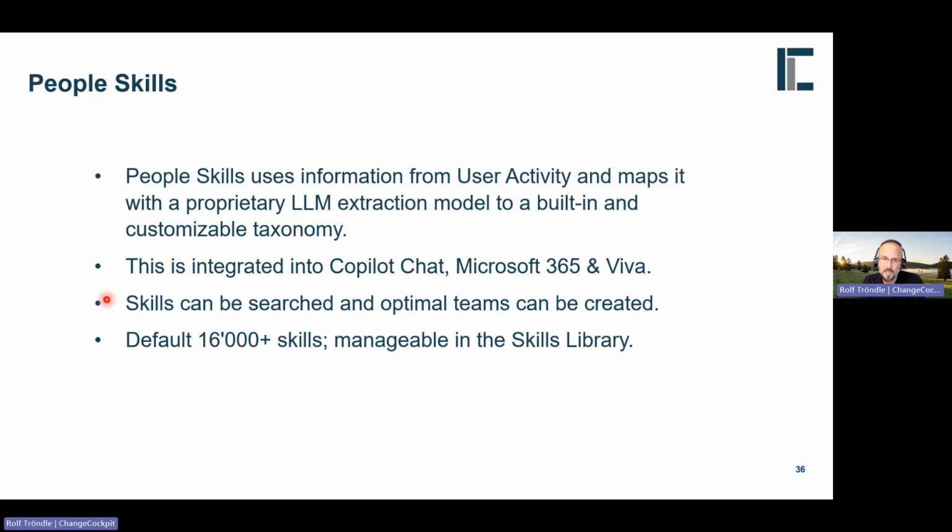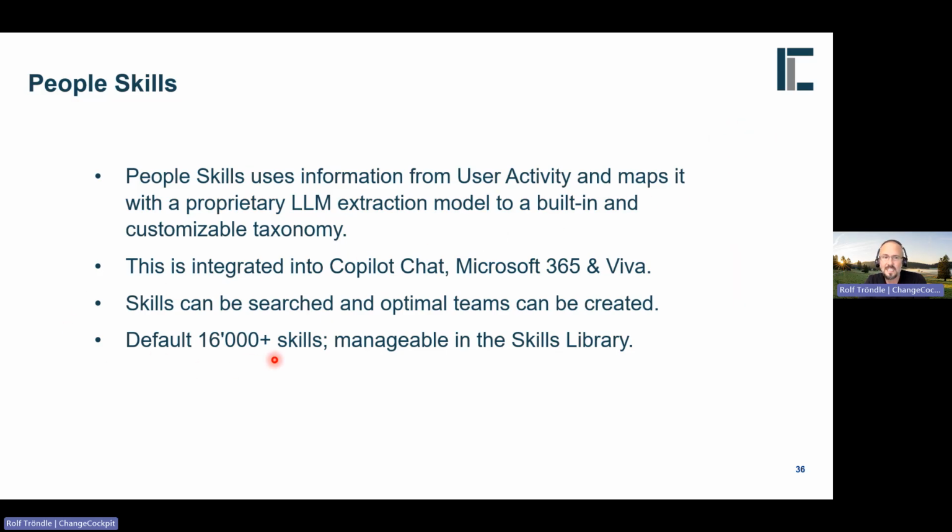It will then be integrated in Copilot chat as the agent, Microsoft 365, especially in the contact card and Viva. You can search for skills in Teams chat wherever it's needed, and you can also create teams and project groups based on these individual user skills.